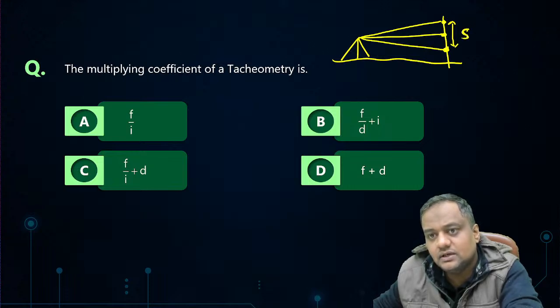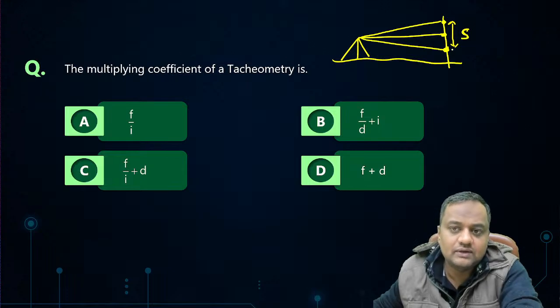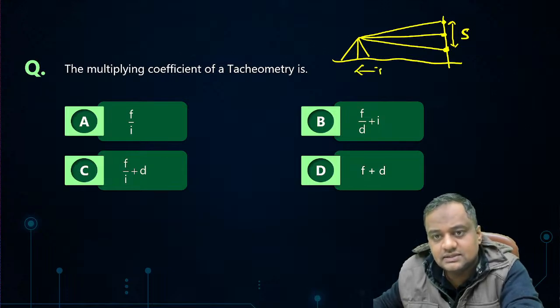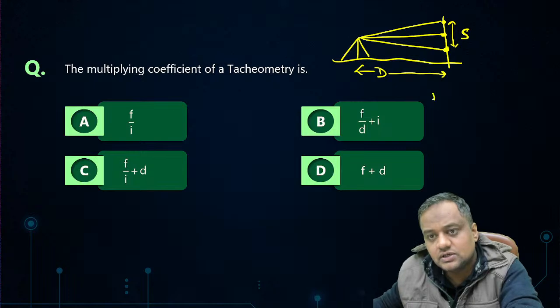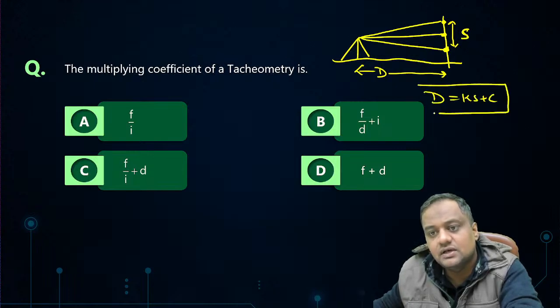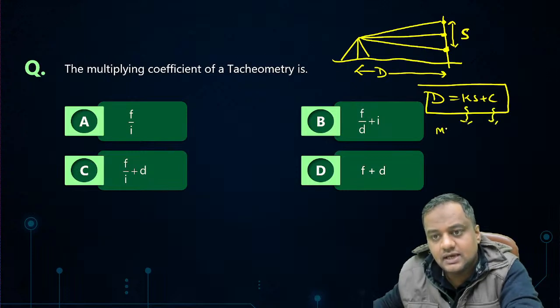So S will be 2.3 minus 2.1, that will be 0.2. And this is the distance D which we want to measure. So the distance is equal to Ks plus C. S is the staff intercept, K is the multiplicative constant, and C is the additive constant.